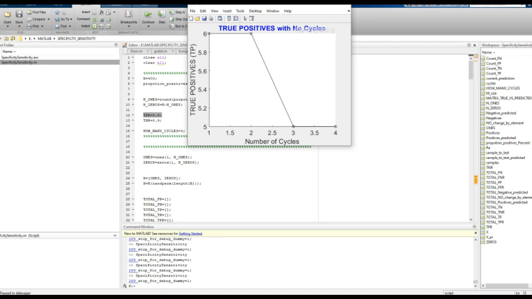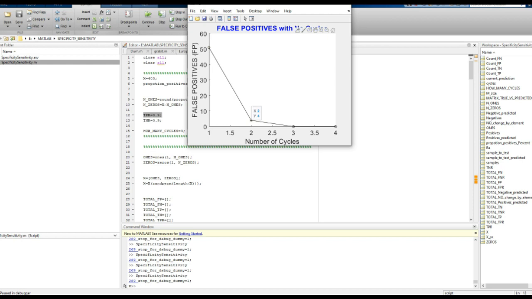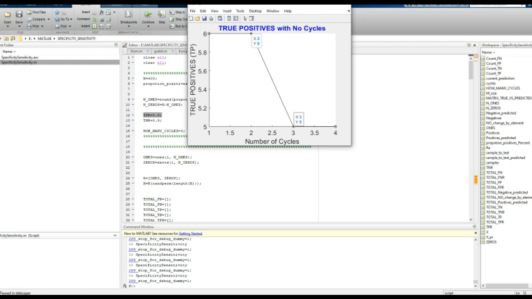But if it's not so good, cycling twice maybe it's best, because otherwise you lose most true positives and you don't do much better in the false positives. But here, yes, here in the false positives, more or less the same as before, from 50 to 4, but we don't lose as many true positives. In any case, again, it looks like 2 cycles is still good.